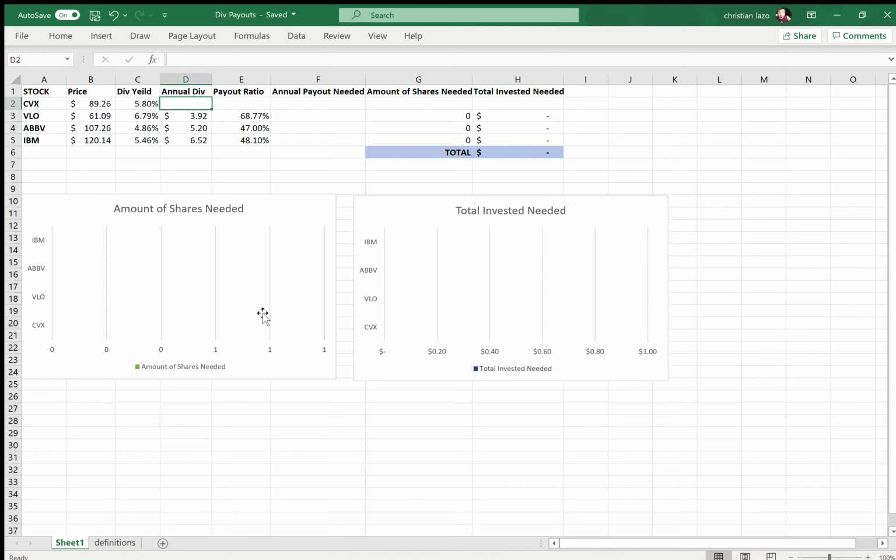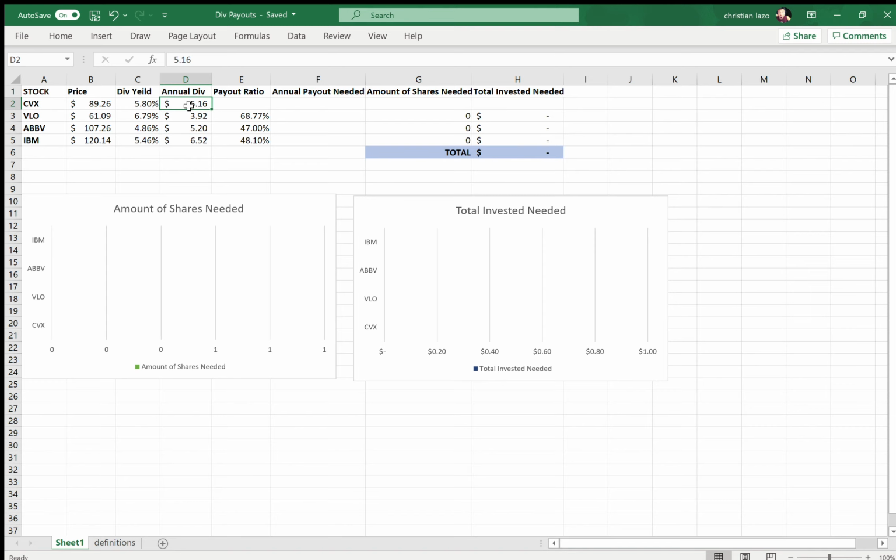I'm applying that to myself because when I look for dividend shares, I like to look for stuff that pays $3 and up. As you can see here, all these pay more than $3. The lowest one that pays is below, and the highest one that pays is IBM. But that's how much Chevron will pay for every share.